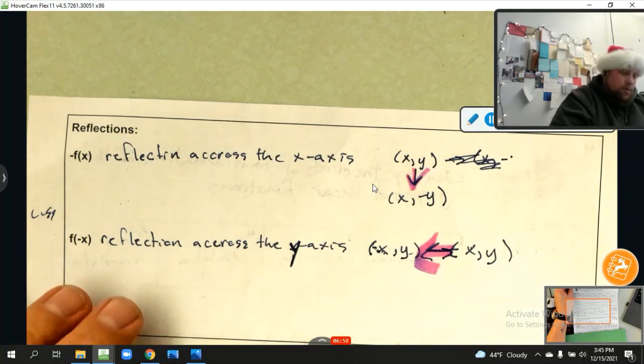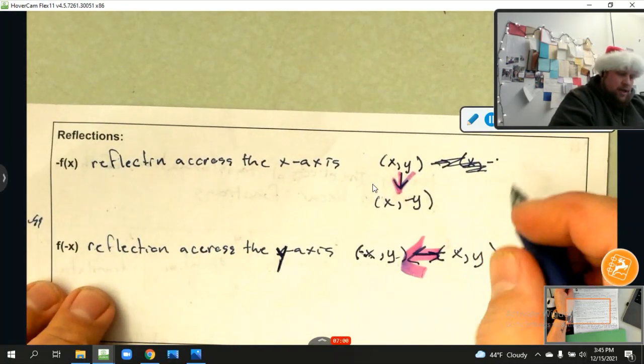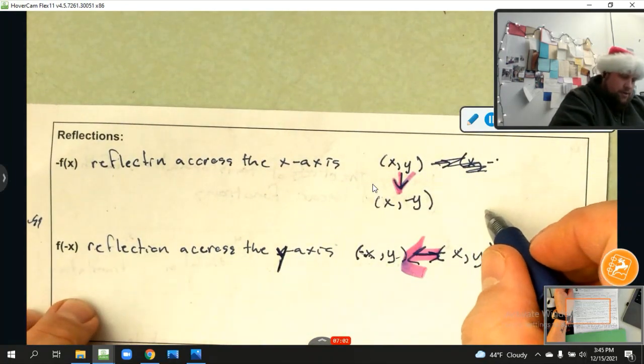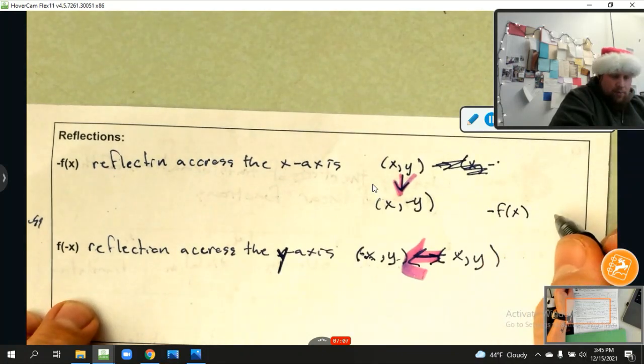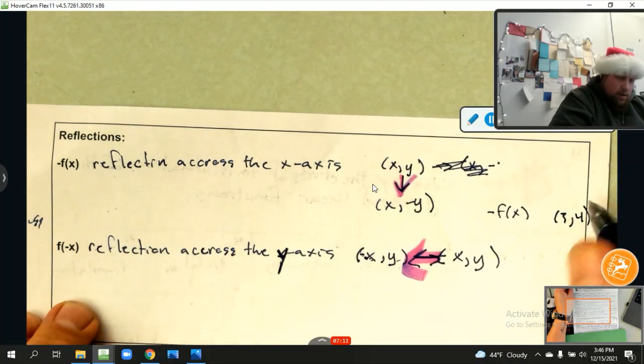And how does that help me? Well, if I tell you we have a reflection of negative f of x of the point, let's say 3, 4. Well, what do I know? I know it's going to go to x, negative y, so that's going to go down to 3, negative 4.